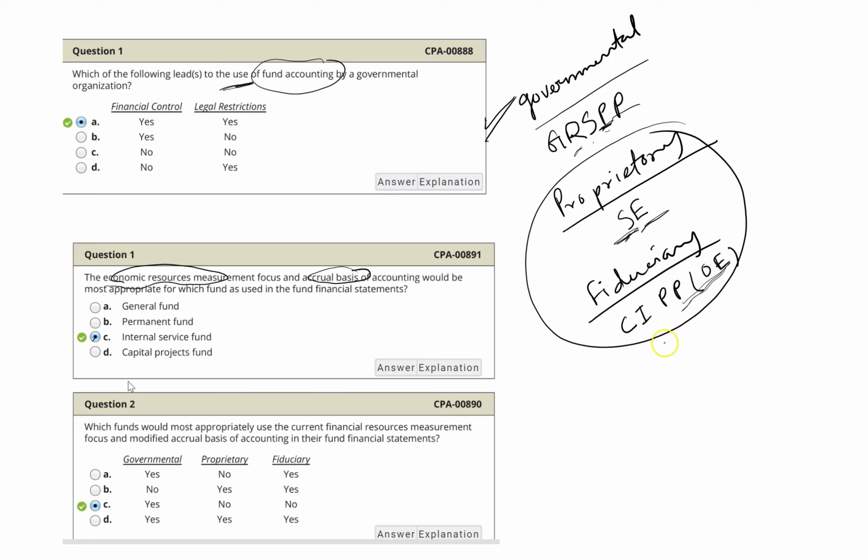The elaboration of those letters: C is for custodial funds, investment trust funds, private purpose trust funds, and pension and other employment benefit funds. So if you know these tips, then you can easily identify and quickly answer the questions.